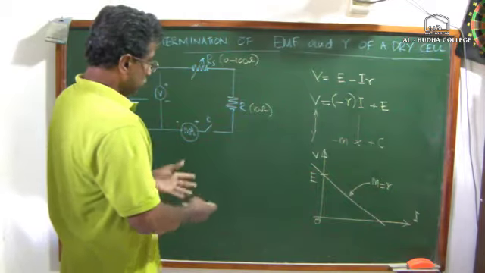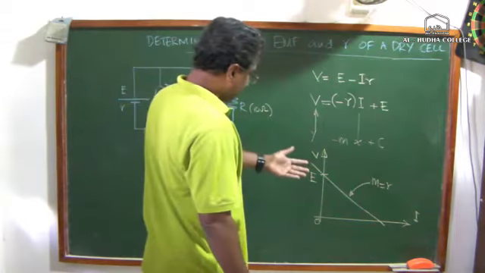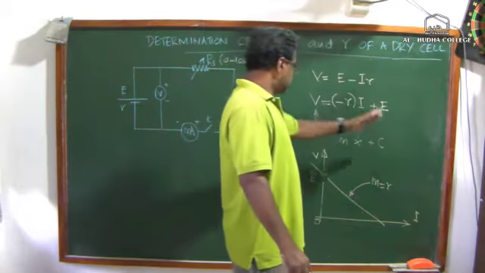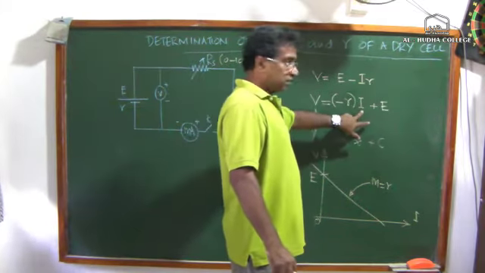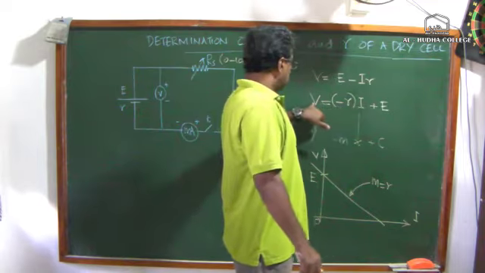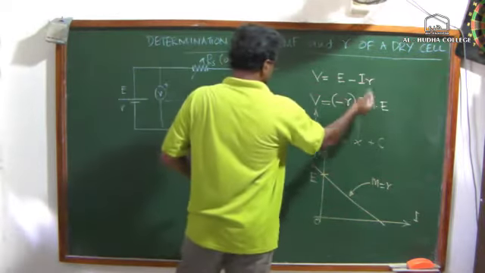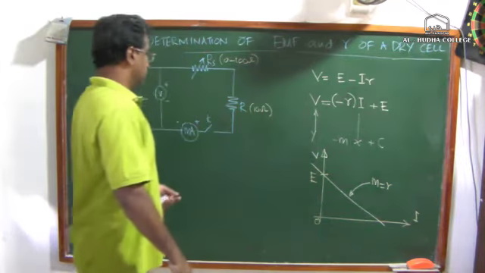So you know the parameters to be considered for drawing the graph. y equal mx plus E. The current is the x-axis and voltage is the y-axis. So we have to change the current to measure the voltage.